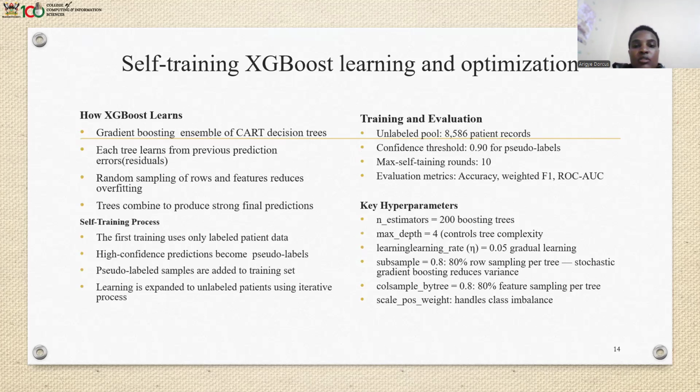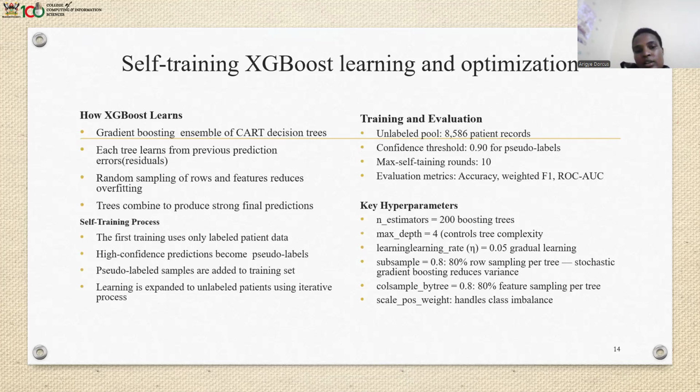We also tuned the core XGBoost hyperparameters to find the right balance. The maximum depth was 4, so we keep our trees shallow. This prevents any single tree from memorizing very specific noisy patient details, and it forces the model to learn the broader, more generalizable patterns.